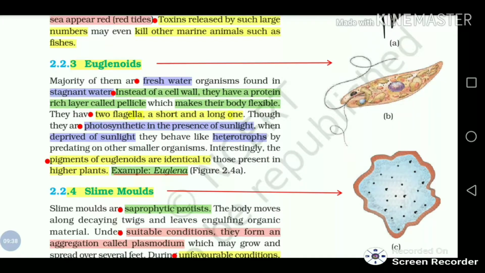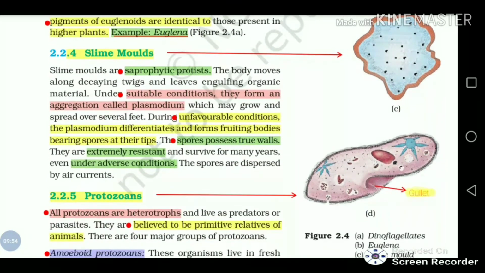That is, euglenoids have pigments identical to higher plants, and they have no cell wall, instead have a pellicle. Other points are they have two flagella, a short and a long. Example is euglena. Then the fourth group is the slime molds, and these are saprophytic protists, and under suitable conditions they form an aggregation called plasmodium.